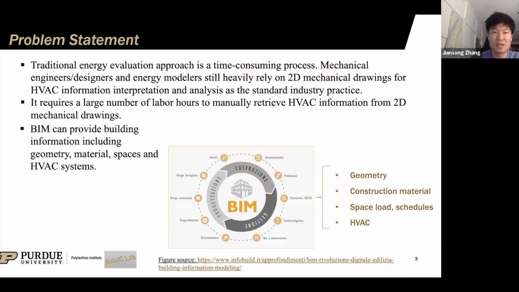So this will result in a lot of labor hours to manually extract HVAC information from 2D drawings. In this case, automation is a necessary step. And the building information model can provide building information, including geometry, material, space, as well as HVAC systems.